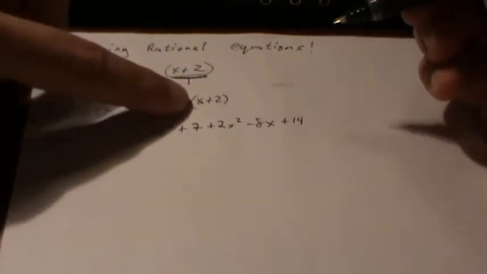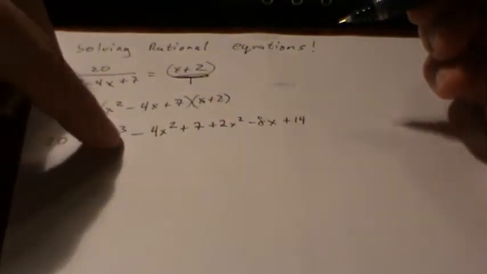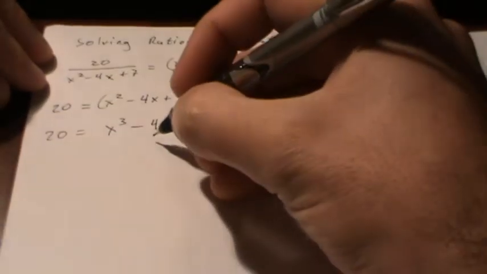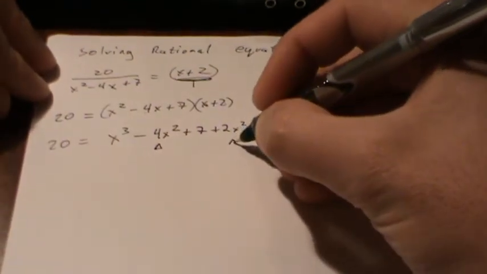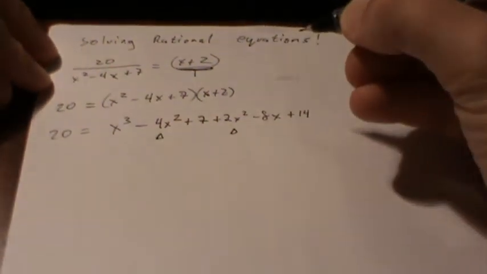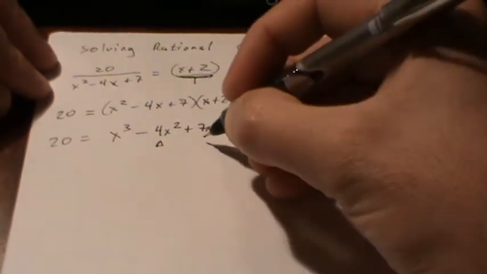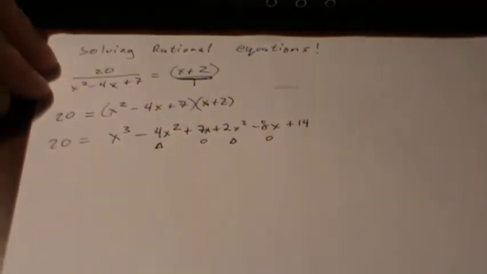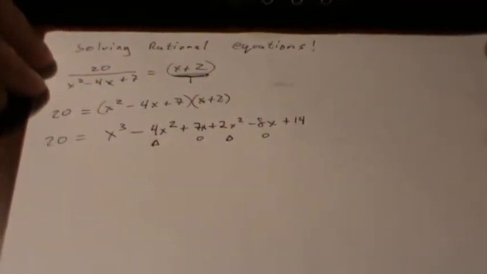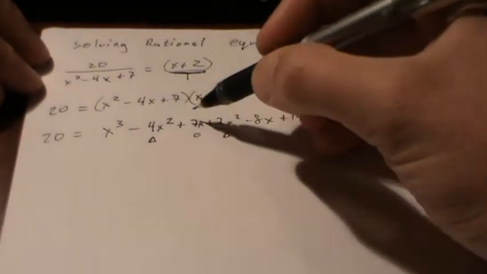So I've basically taken all three of these and multiplied it with both of those for a total of 6 terms. Now I notice that I've got some like terms. I forgot my x here, because that was a 7x.